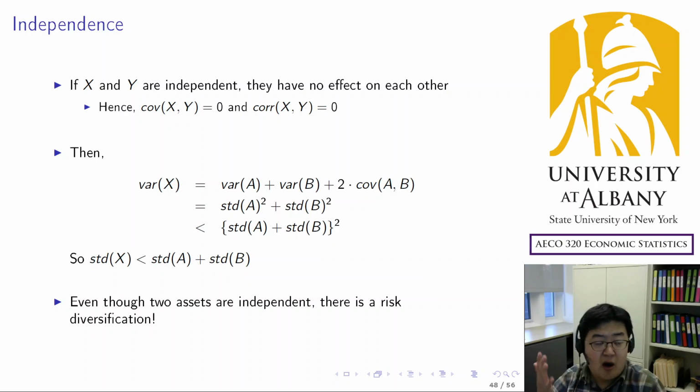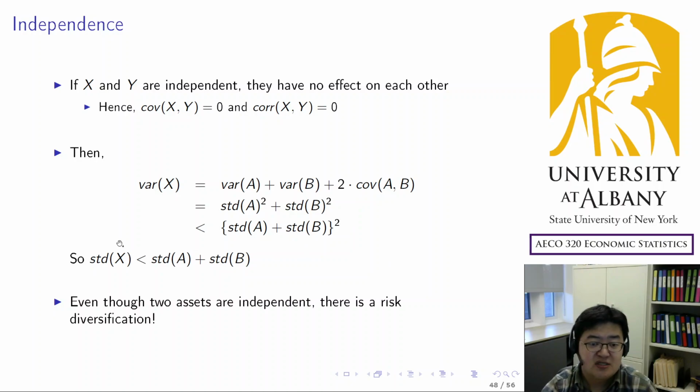And then finally, another interesting case is where the correlation is 0. When correlation is 0, that means covariance is 0. When covariance is 0, the variance of X equals this. And we have this inequality because the additional term is missing, right?